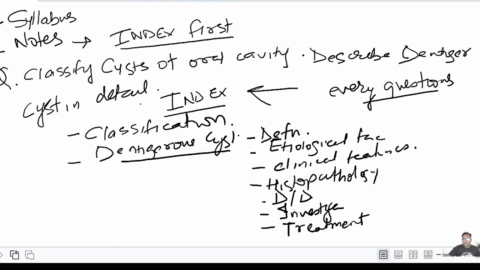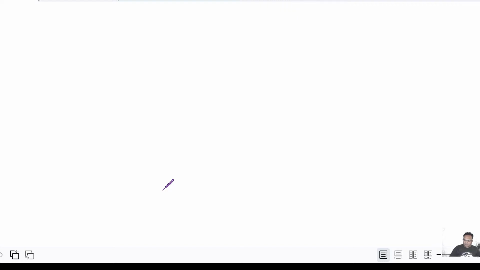After the question is prepared, you have to go with elaboration of each and every point: definition, etiologic factors, histopathology, differential diagnosis, investigation, and treatment. So, in short, what we have taught you is, first of all, prepare a question bank.